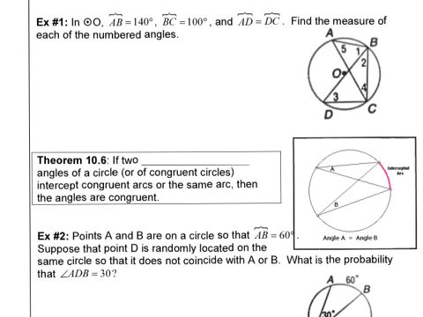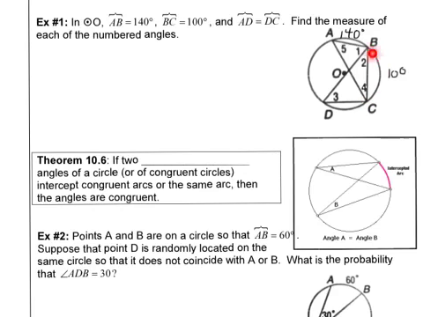So we have example number 1 here, and it says in circle O, which is the circle here, O is the center, we have arc AB, which is 140, and arc BC, which is 100. So let's write that in here. This is 140, and BC is 100. Now right away you may see, hey, AB looks like it's smaller than BC.